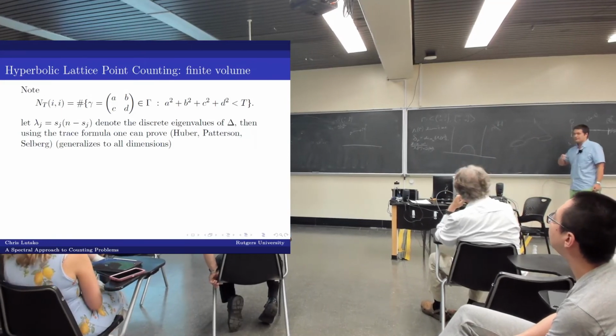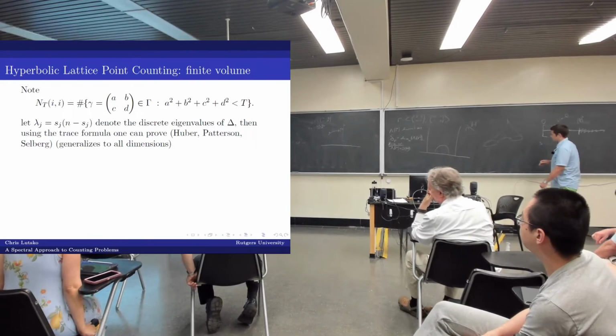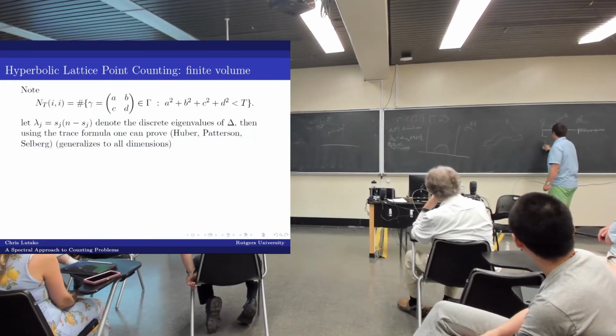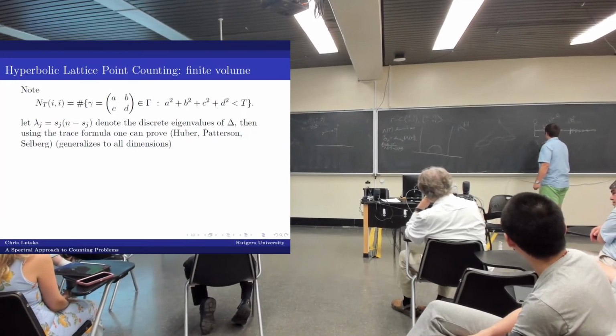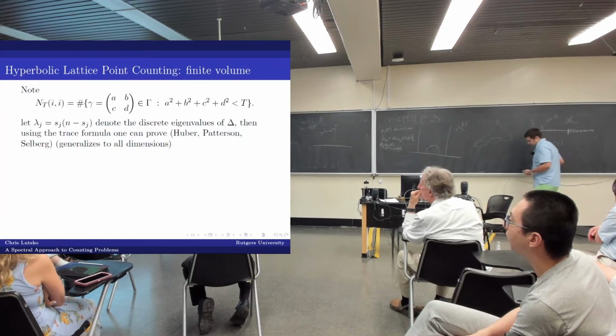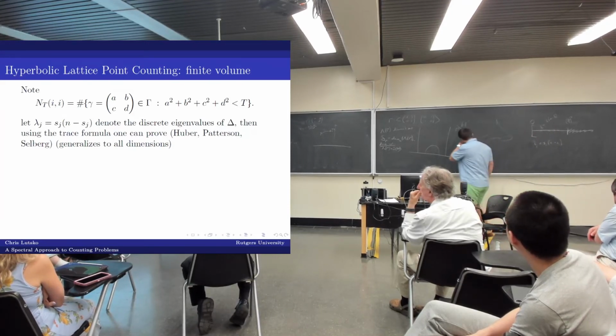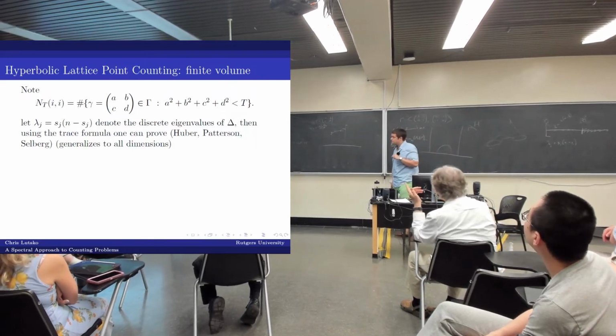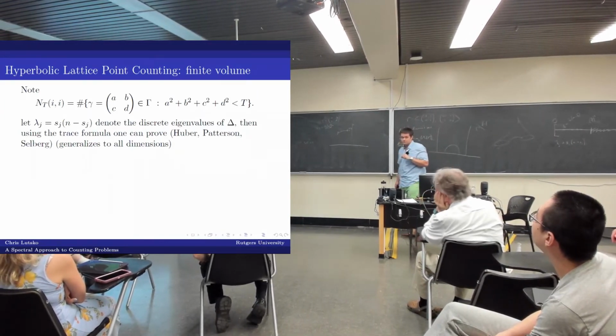Well, we're working in hyperbolic n+1 space, so n is the dimension of the boundary. So lambda j is a function of Sj. So you know lambda j and define Sj by this point? Yes.